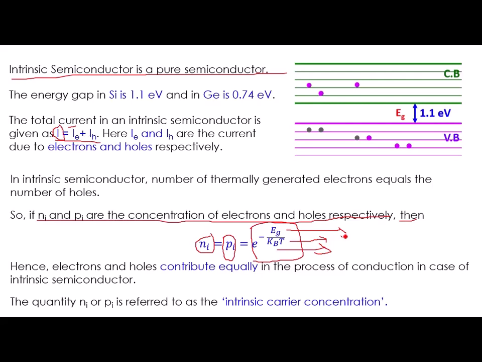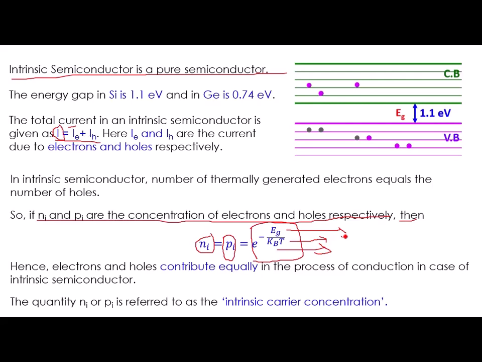That means the number of electrons and holes you will be able to generate thermally will be capped by the maximum number of electrons or holes present in the crystal. You cannot increase the conductivity beyond a certain limit in case of an intrinsic semiconductor.